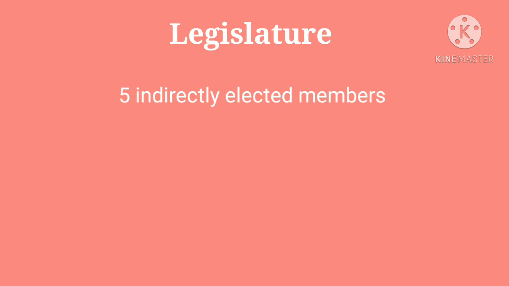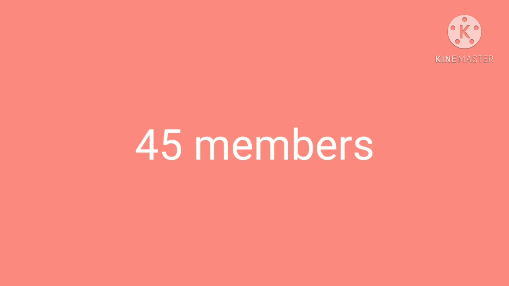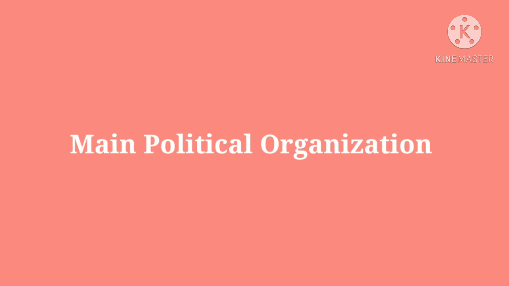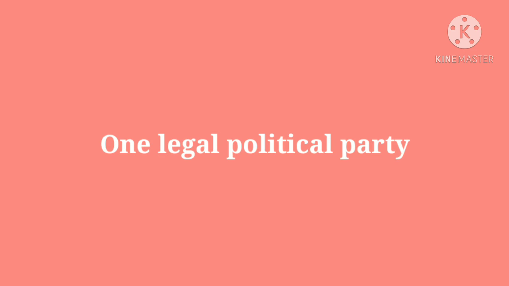A new legislature of 45 members, 15 of whom would be elected by popular vote. Main political organization. There is currently only one legal political party in Brunei, the Parti Pembangunan, PP National Development Party, which was legalized in 2005.